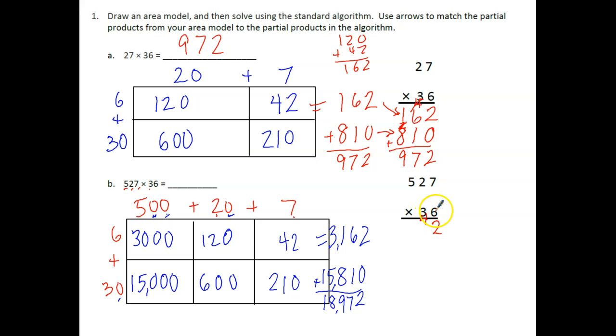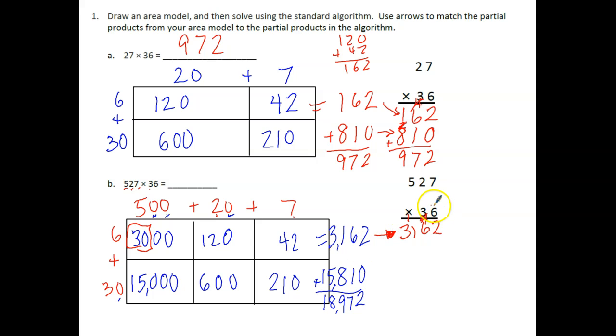Then I have 6 times 2 tens is 12 tens, plus my 4 tens is going to be 16 tens. I can't put 16 in my tens place, so I'm going to take 10 of my tens and regroup it as 100. Now I have 100 here. Then I say, well, 6 times 500 is 3,000, plus my 100 is 3,100. If you notice, my partial products match up.